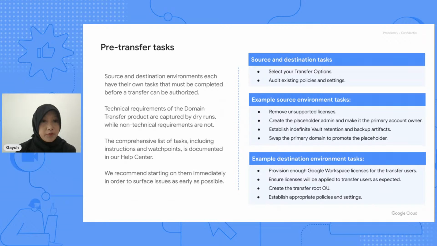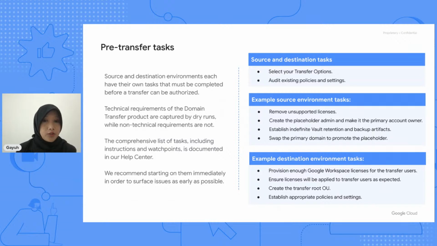So as I mentioned before, there are some pre-transfer tasks that you need to complete before you can proceed with the production transfer. Source and destination environments have their own tasks that must be completed before a transfer can be authorized. For example, for the source and destination tasks, you might need to select your transfer options.